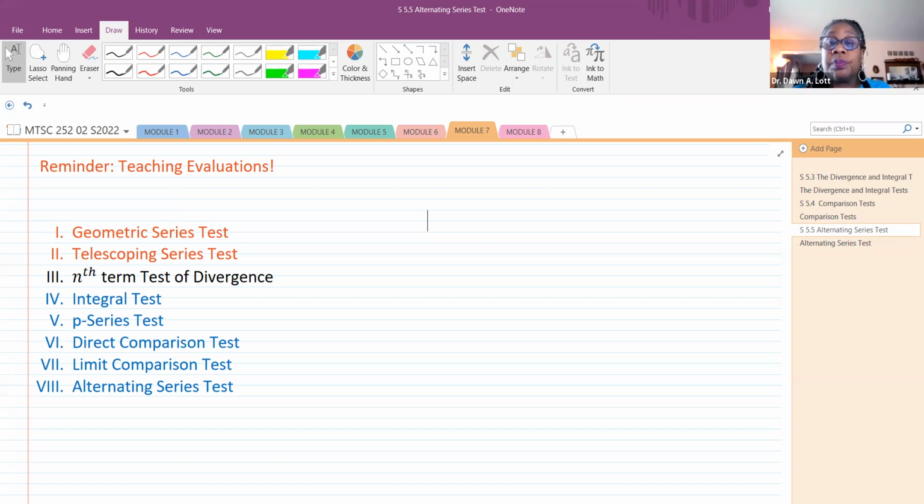Which series can you actually find the whole sum, S, if the series converges? Anyone? The geometric series? Yes. Anyone else?